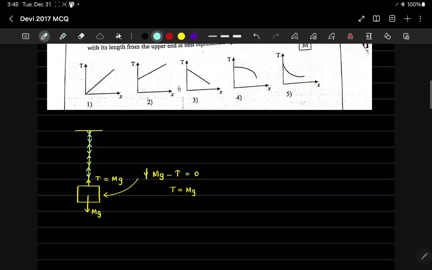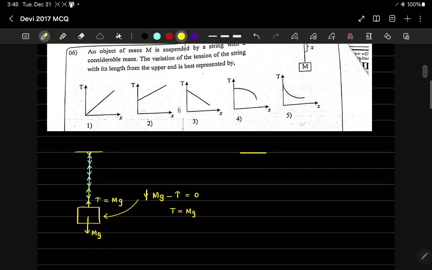Now, how can we calculate the tension of the string if the string itself has a mass? We can consider a portion of this.